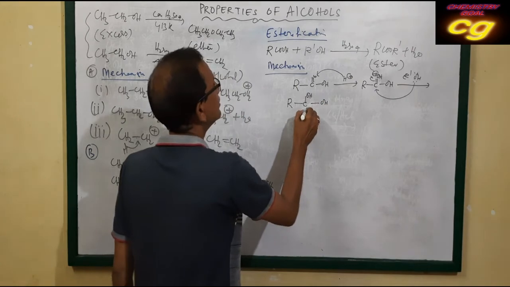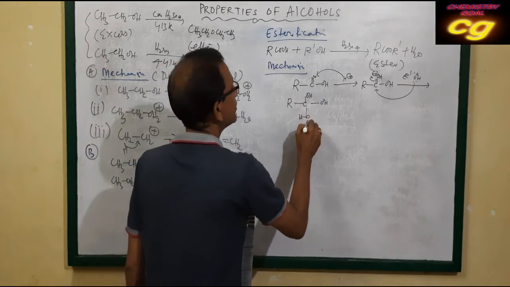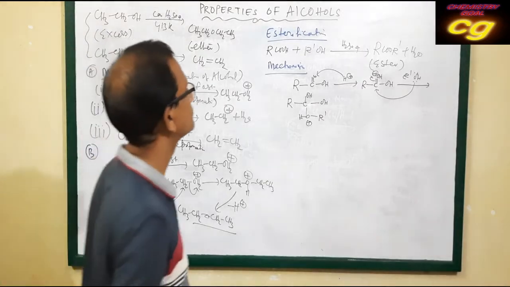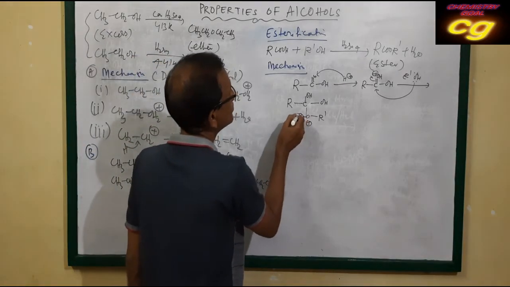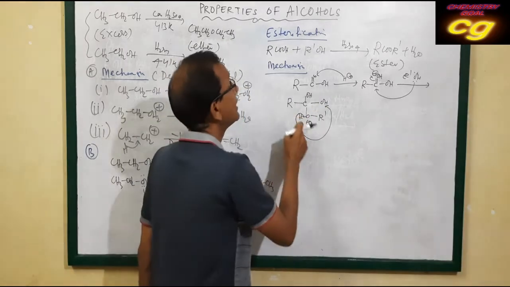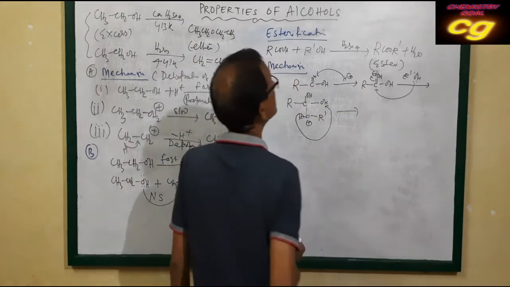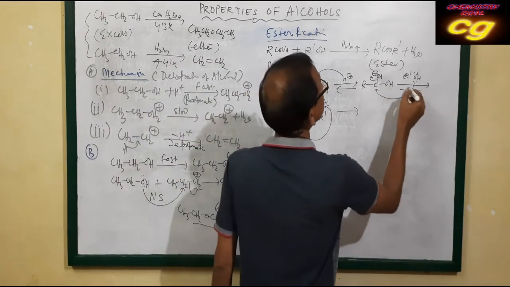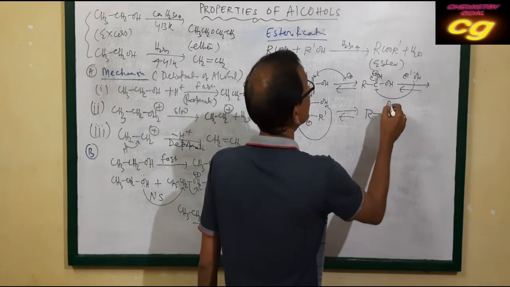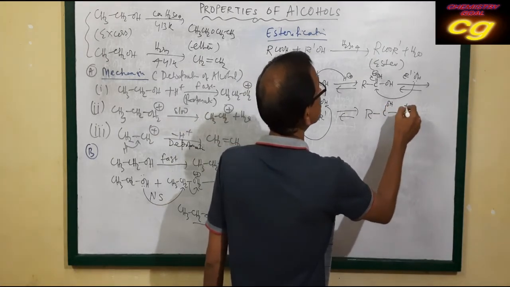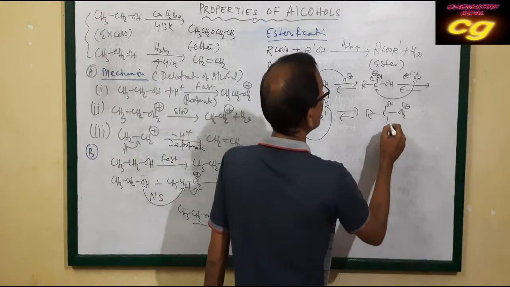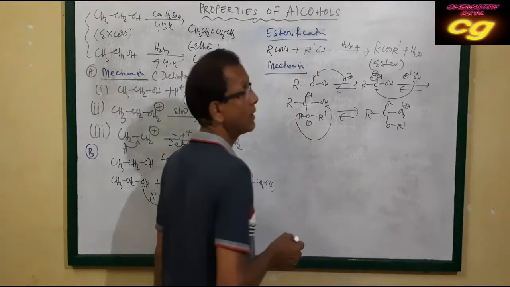Then what happens? That OH+R'. Here this hydrogen leaves as a proton and is added to the OH, because it is lost from one oxygen and added to the other oxygen. All the reactions are reversible in nature. The result is R, C, OH, then OH2+, and the OR' group remains.